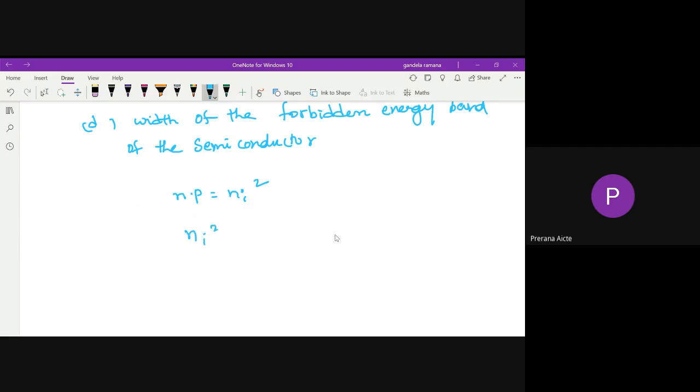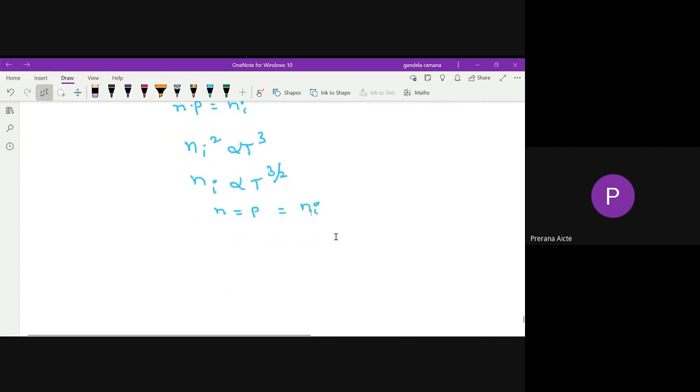For an intrinsic semiconductor, we know N is equal to P is equal to Ni. So Ni is proportional to T power 3 by 2. That means it depends on the temperature of the semiconductor.